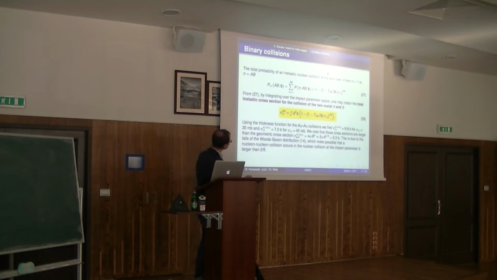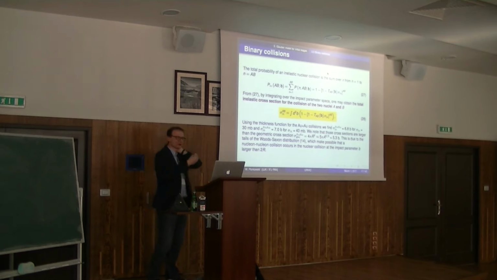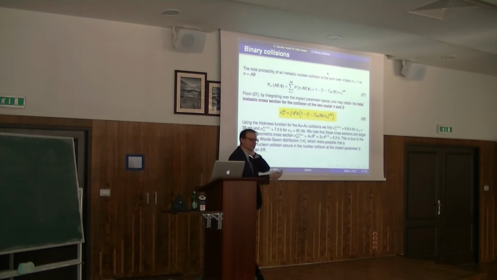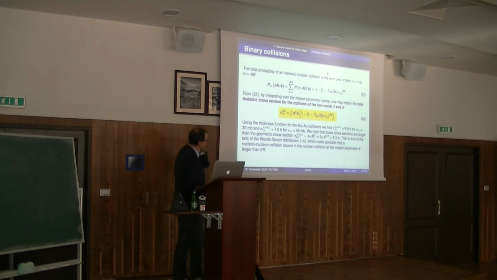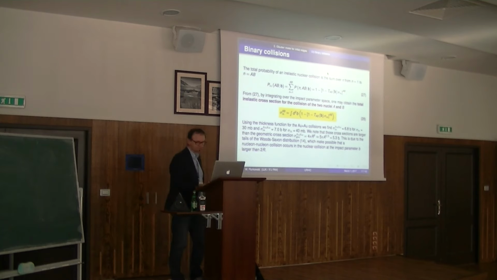And then, of course, if you integrate this probability over the transverse plane, you get the total inelastic cross-section for nucleus-nucleus collision. So this is a kind of simple machine which allows you to calculate the cross-sections for different collisions, and everything is more or less determined by the simple geometry of the nuclei and by the inelastic cross-section.